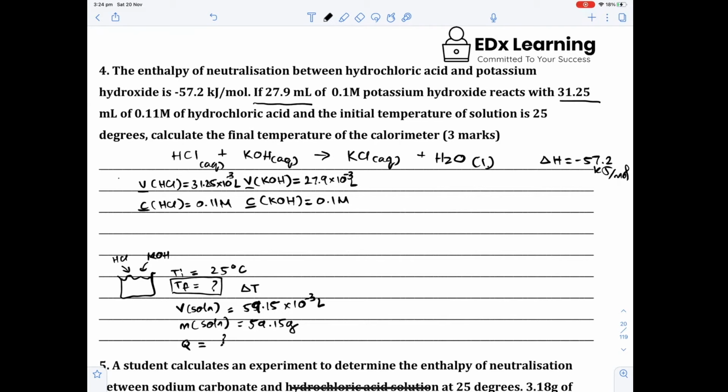And do you agree that the limiting reagent is going to limit the amount of water that is formed? So the goal is to find the limiting reagent and use that to find the number of moles of water. Then we get an N. Yeah? We've got a delta H, we've got an N, we can find a Q. And we can work our way there to find T. So again, as I'm saying, we'll go through it. So what number of moles of HCl is equal to CV, which is equal to what?